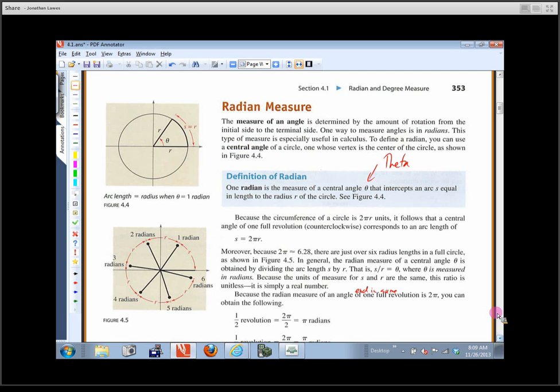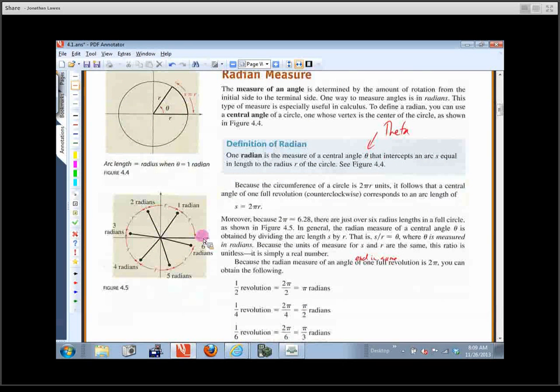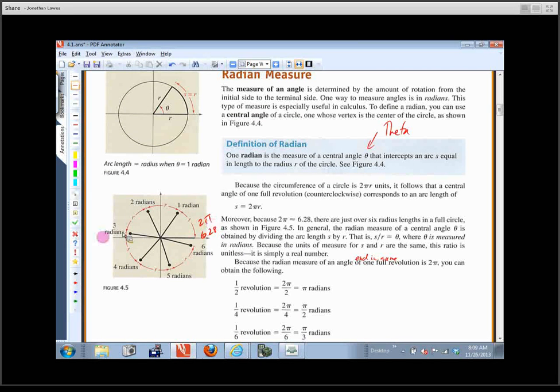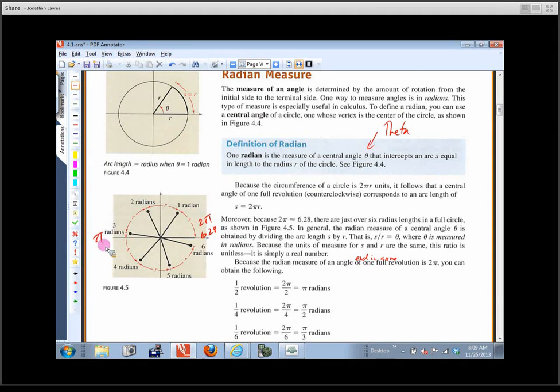So if we were to write this down, this right here is 6.28 radians as a decimal approximation. What was it if we wrote it down exactly going all the way around? 2 pi, okay? So 2 pi radians all the way around. Pi radians to go halfway, or if we wrote a decimal for that, 3.14.